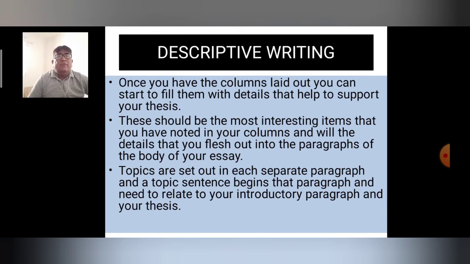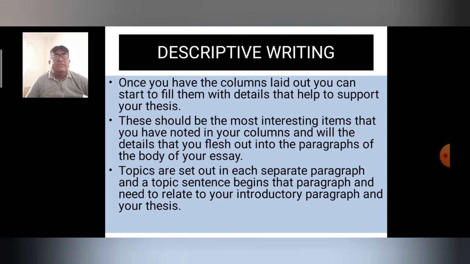Once we have the columns ready, we can start to fill them with the details that help to support our writing. This should be the most interesting items that we have noted in our columns, and the details that we flesh out into the paragraphs of the body of our essay.